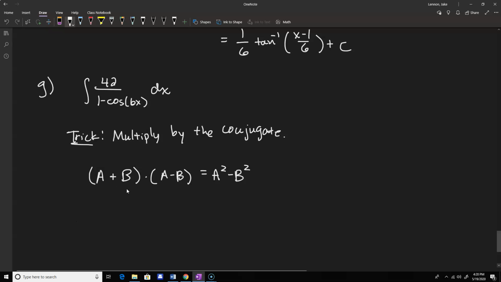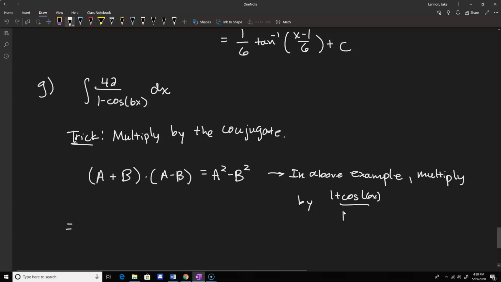So we're not only multiplying by the conjugate, we're doing it in terms of the clever form of 1. So basically, in the above example, we want to multiply by 1 plus the cosine of 6x over 1 plus the cosine of 6x.